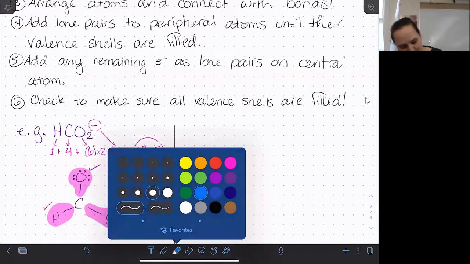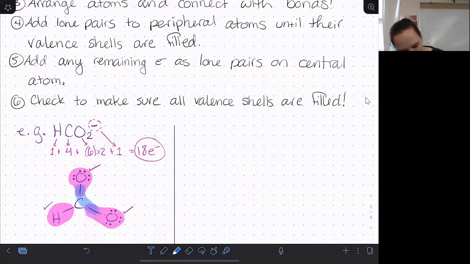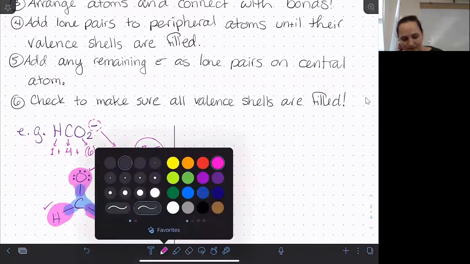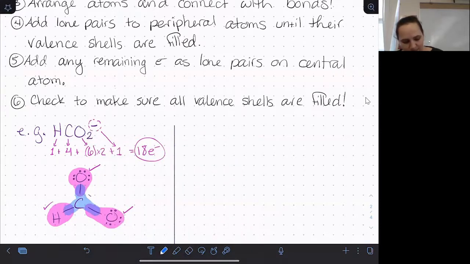The carbon has access to the electrons in these 3 bonds, and that's all. So the carbon only has 6 valence electrons as we have this structure drawn currently, not the 8 that it's looking for.